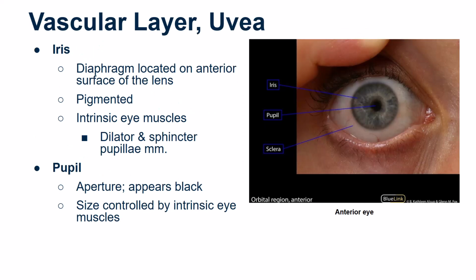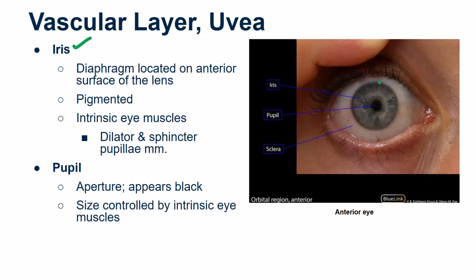Light then is going to travel through the anterior aspects of the uvea, or the intermediate or vascular layer of the eye. The uvea has many parts. The anterior portion is best known as the iris.